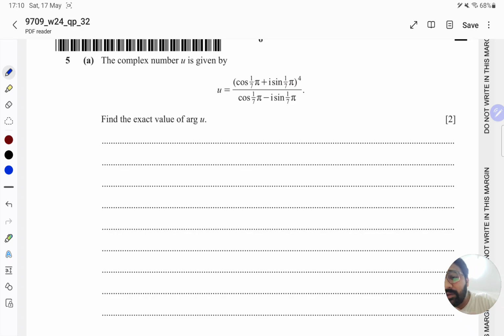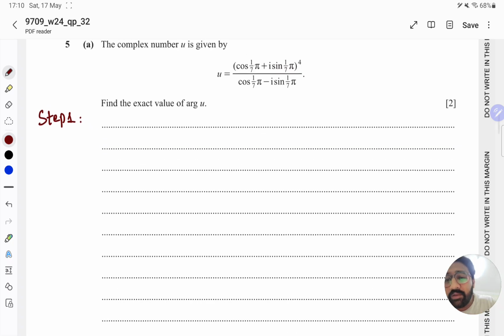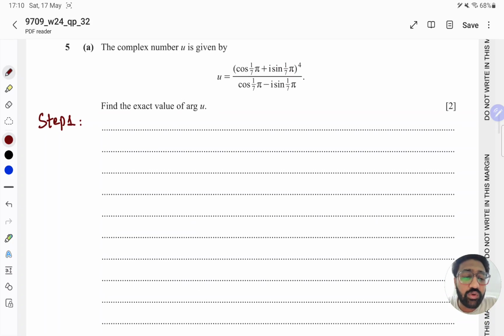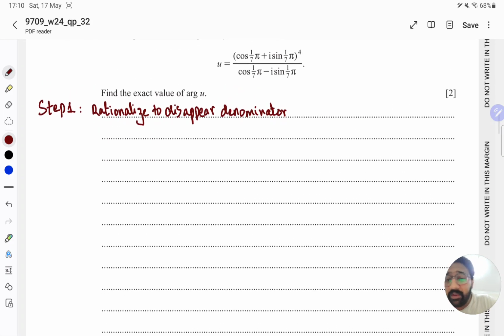So let me go through step by step so that it's convenient for you to go through it as well. So step 1. For the step 1, what we are going to do is the rationalization so that we can make the denominator disappear.